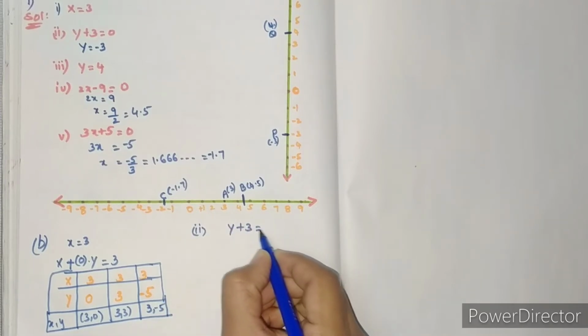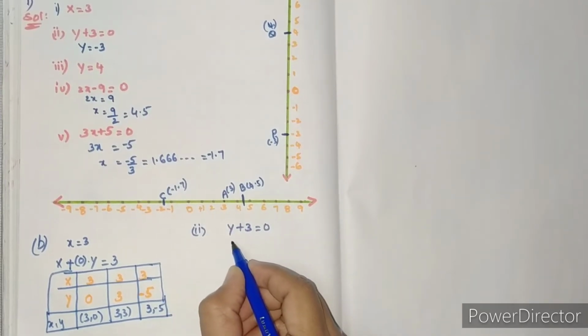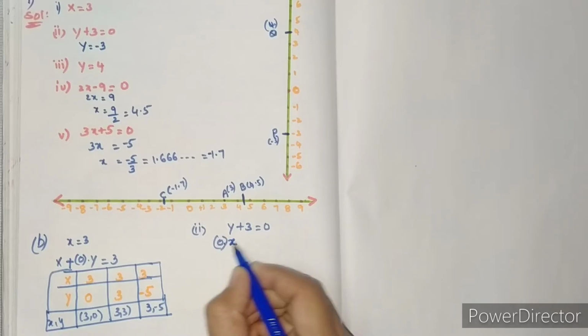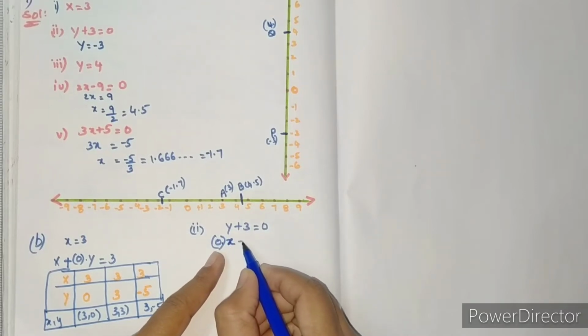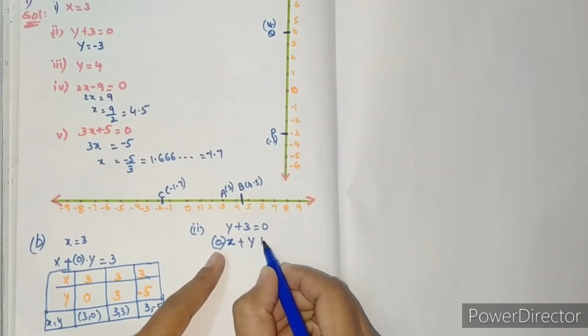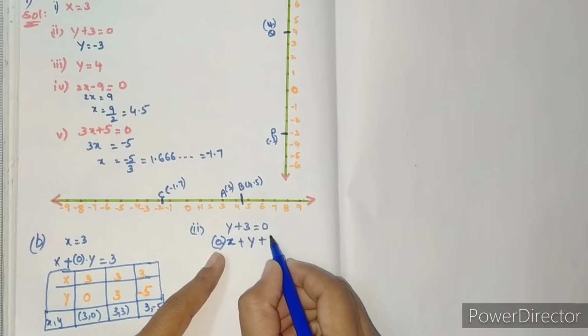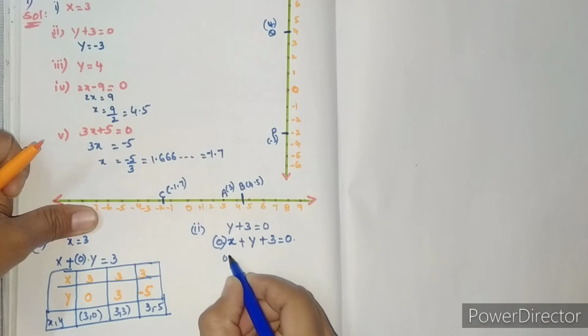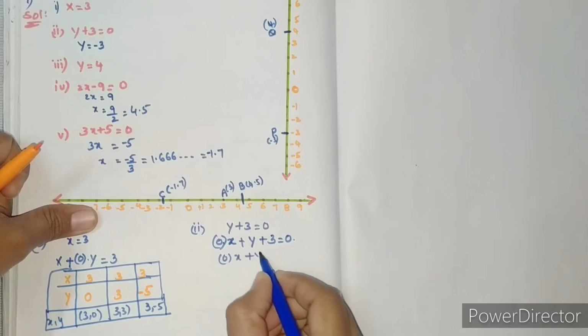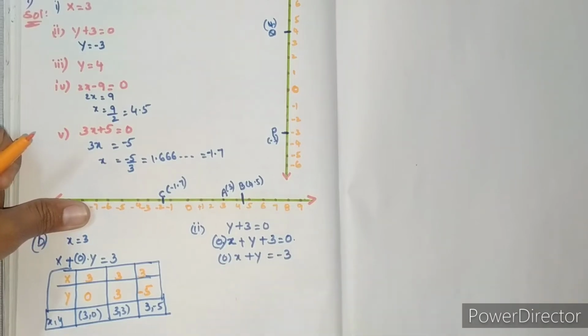For the second question, y plus 3 equals to 0. So we can write 0 into x, as there is no x term. So we take x as 0. Plus y plus 3 equals to 0. So 0 into x plus y equals to minus 3.